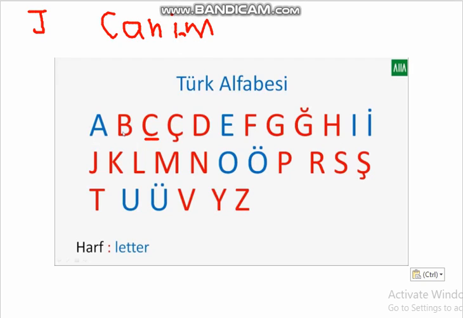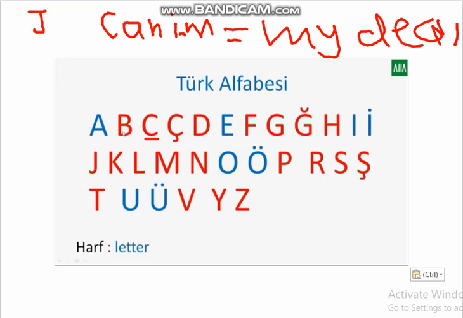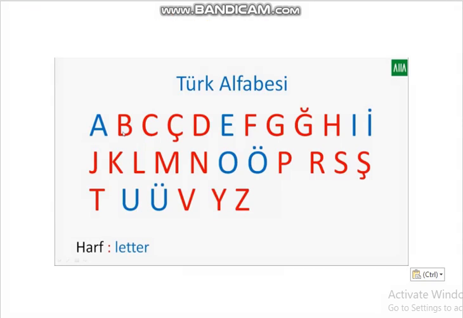They pronounce it canım, and its meaning is my dear. But if it was written in English, how would you pronounce it? Probably you would pronounce it sanam or kanam. So this is the difference between English and Turkish.